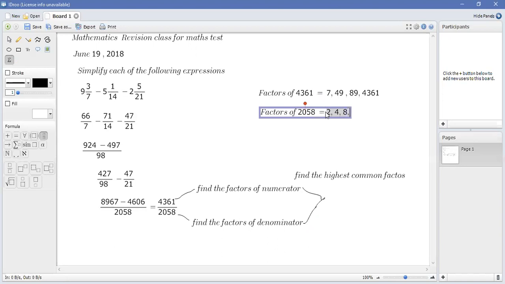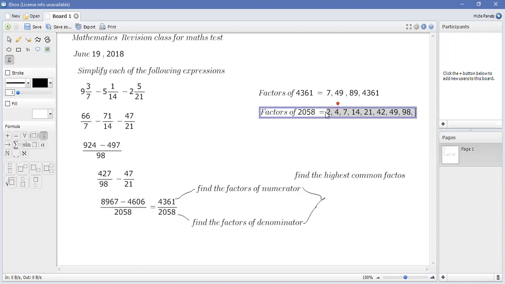Okay, 7. 7 is there. Can you use 7? Can you use 14? Yes, sir. 21, 42, 49, 98, yeah.